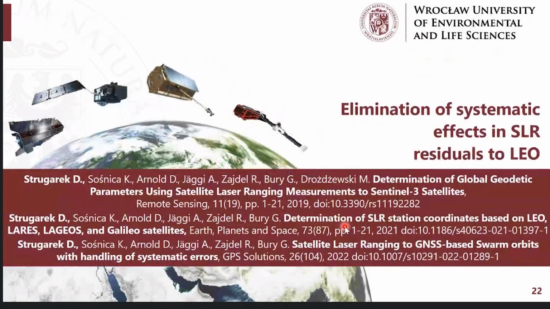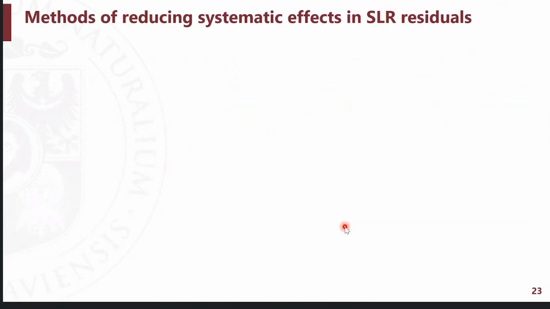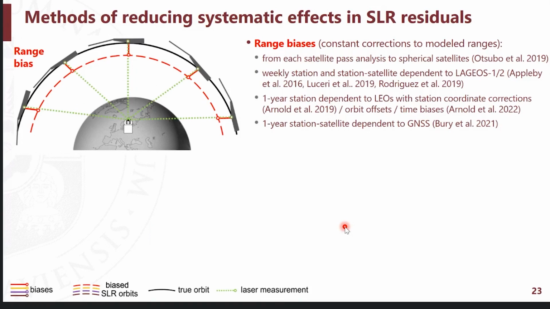Now I will move to the second topic, elimination of systematic effects in SLR residuals to LEO. Methods for reducing the systematic effects in SLR residuals may be range biases, so constant corrections to modeled ranges, and depending on the approach, we can do single pass analysis or maybe longer periods, weekly station satellite corrections, or even 1 year station dependent corrections.